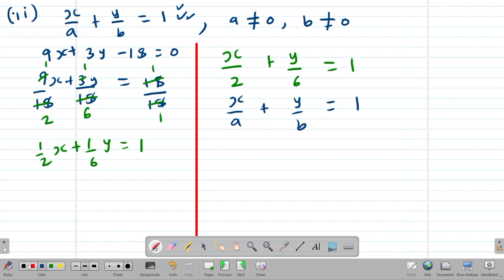So clearly you can see that the value of a will be given by 2, and the value of b will be equivalent to 6.